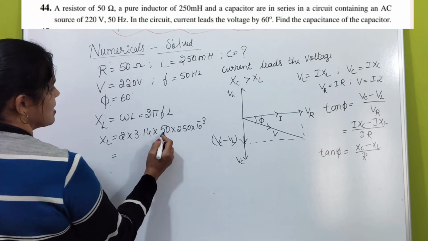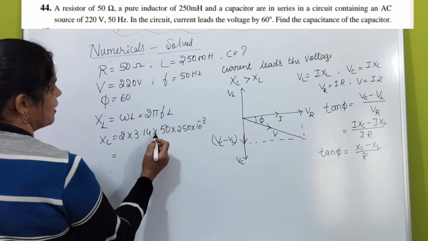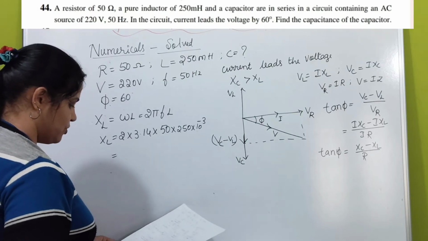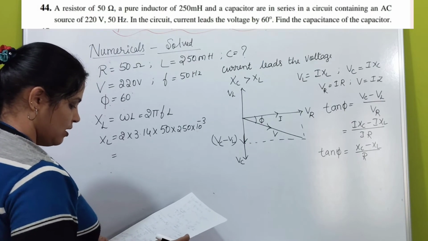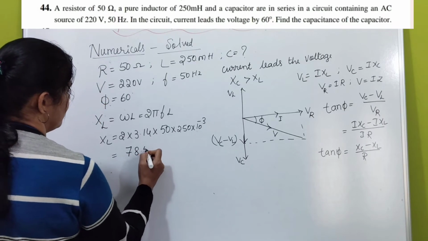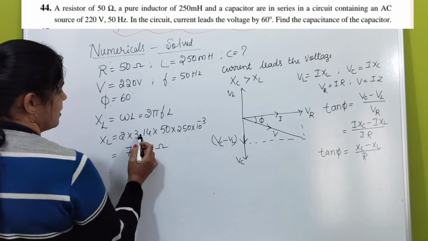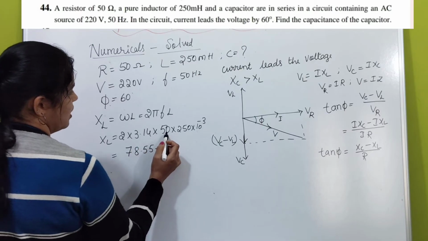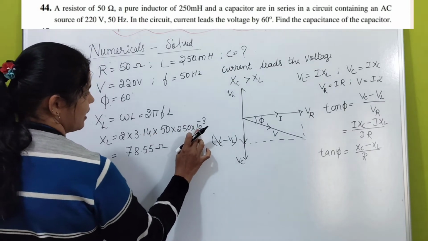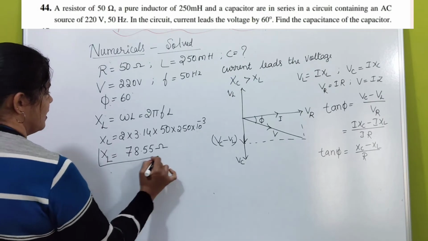Multiply 2 into 3.14 into 50 and into 250, then you'll get one number, divide that by 1000. Dividing by 1000 gives 78.55 ohm. Okay, XL.